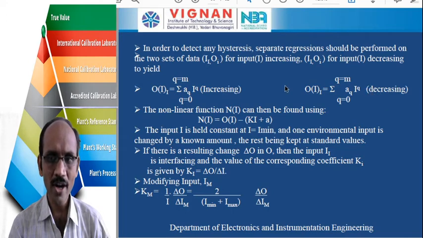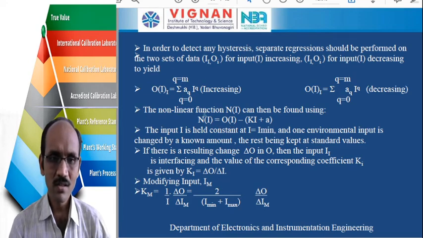So in order to find out the non-linearity function in between these two, the non-linearity function can be expressed as N of I is equal to O of I minus (KI plus a). So this KI plus a can be taken as the ideal value and O of I can be taken as the practical value. So the difference between the practical and the ideal value can give the non-linearity between the curves here. Okay.